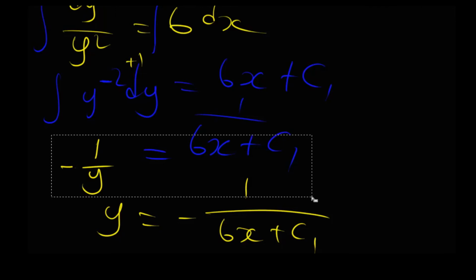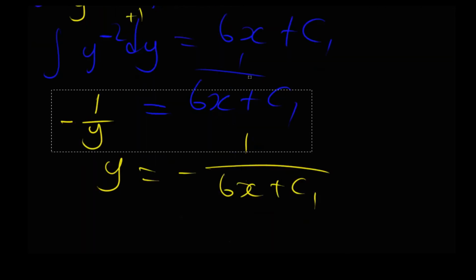So you put 1 over 25 here, which will be 25, it will go up, equal to 6 times 0, which is 0, plus C.